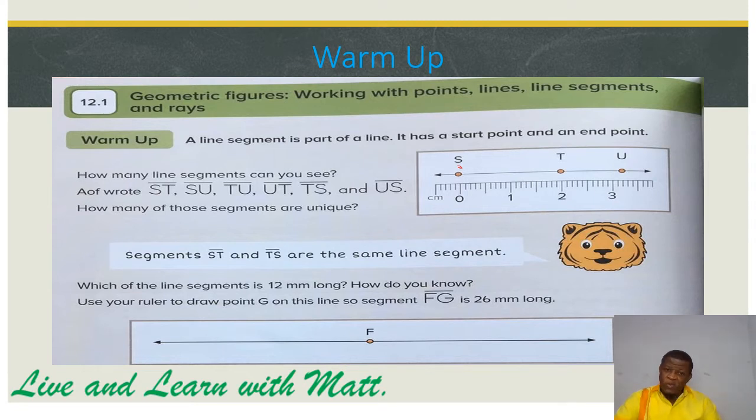So the line that is 12 millimeters long is line TU, because it starts from 21 millimeters and stops at 33 millimeters. So 21 millimeters to 33 millimeters will be 12 millimeters. So line TU.